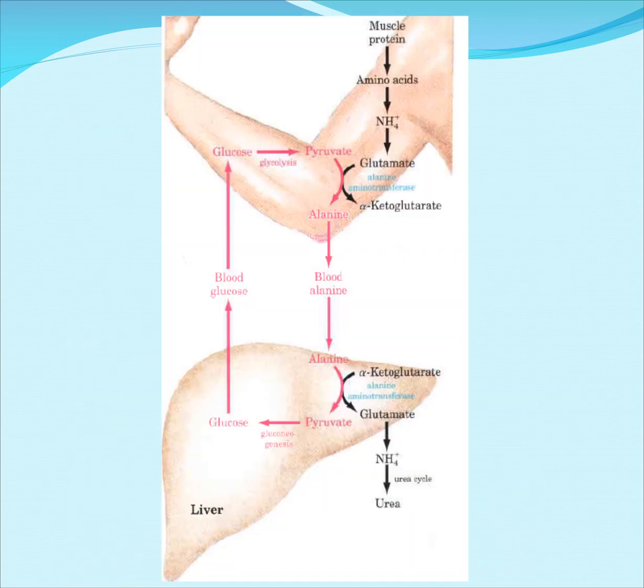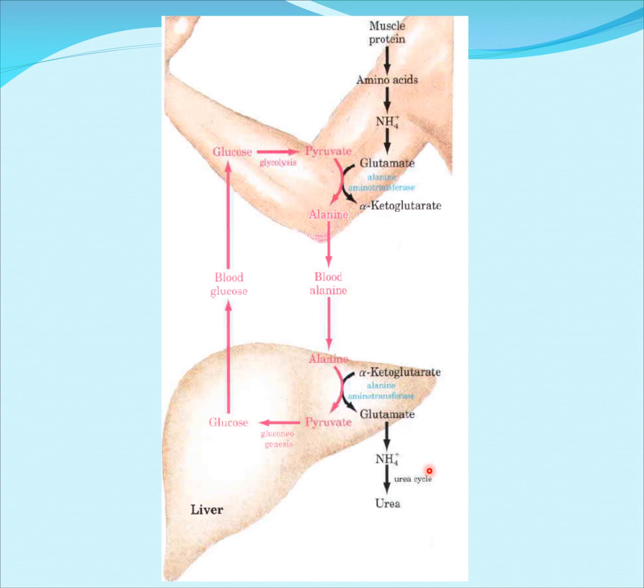So, to summarize: muscle proteins form ammonia, and then glutamate is converted into alanine. Alanine is transported in the bloodstream into the liver. In the liver, alanine is converted back into pyruvate and glutamate.